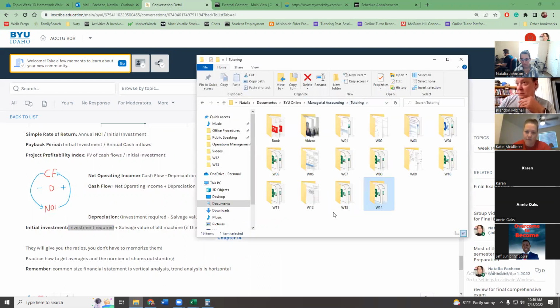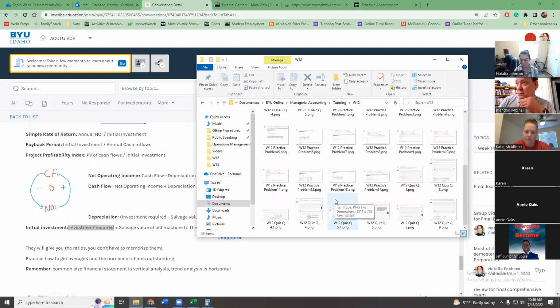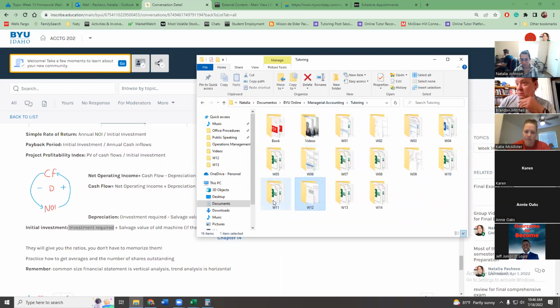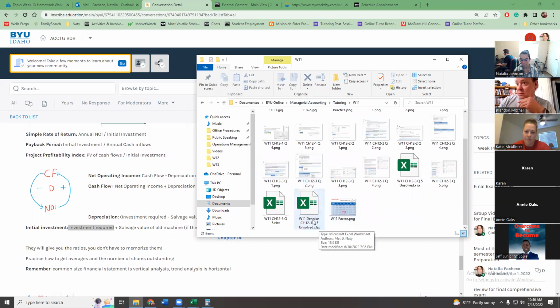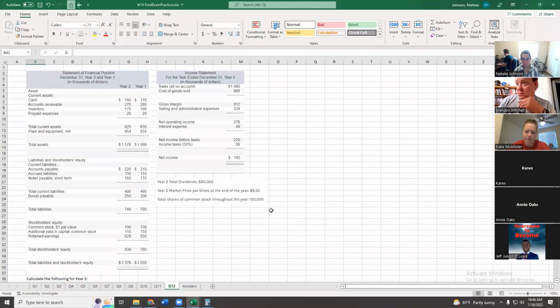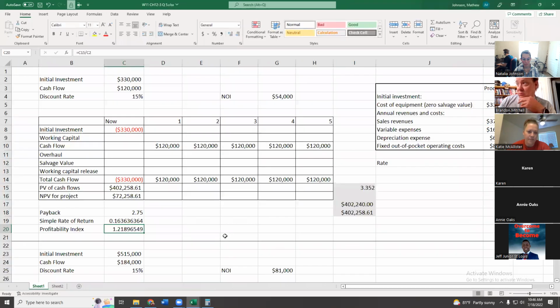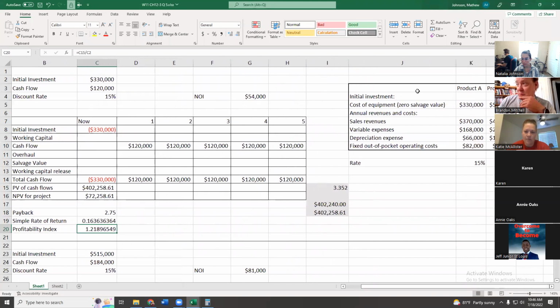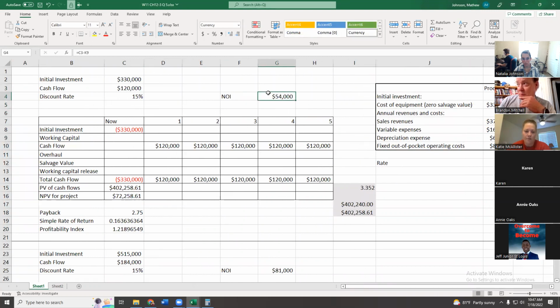There's a question like the 12, I think. Well, kind of like this, if they give you the income statement and you have net operating income, you add depreciation and that will be your cash flow.